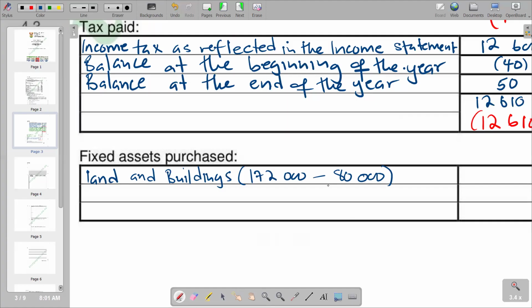And if you calculate that, you get your answer, which is 92,000.